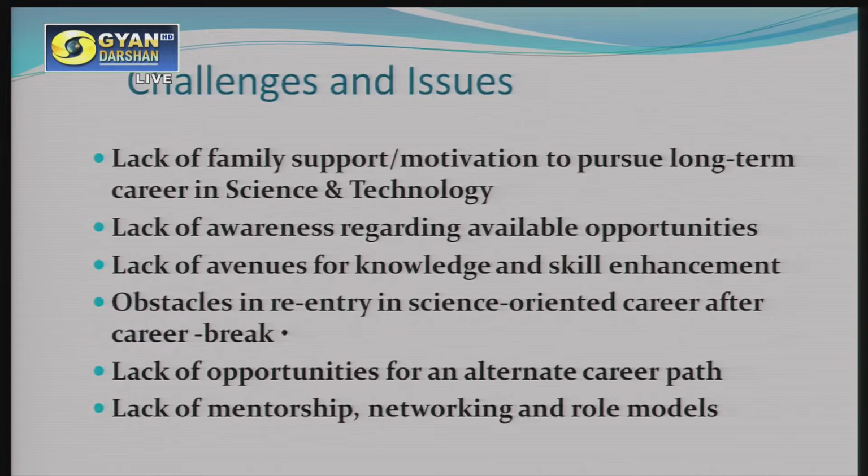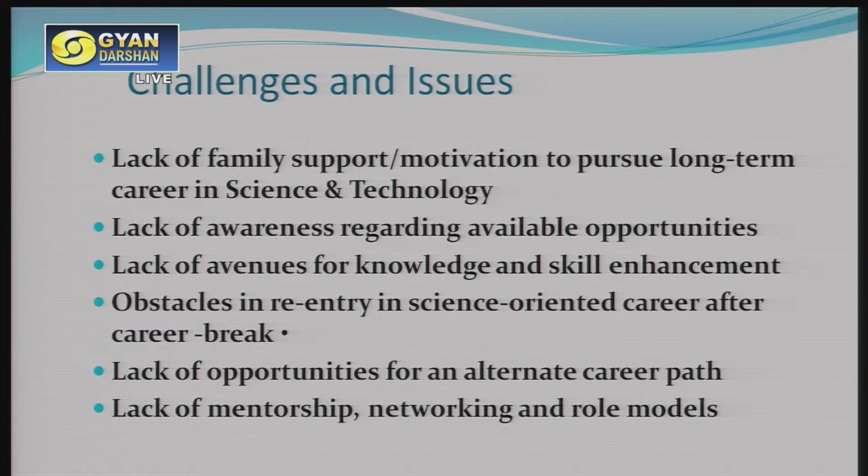And what are the challenges and issues we can look at here? One is the lack of family support and motivation for women scientists to pursue science, then lack of awareness regarding available opportunities for girls and women, lack of avenues for knowledge and skill enhancement, obstacles in re-entry into a science-oriented career after a career break due to marriage and motherhood, lack of opportunities for an alternative career path, and lack of mentorship, networking and role models.